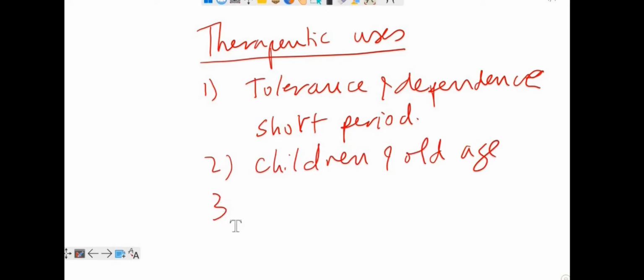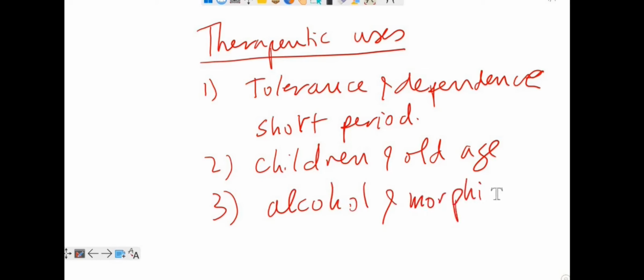They are absolutely contraindicated with alcohol and other CNS depressants like opioids, because this can lead to fatal loss of consciousness due to potentiation of the effect.